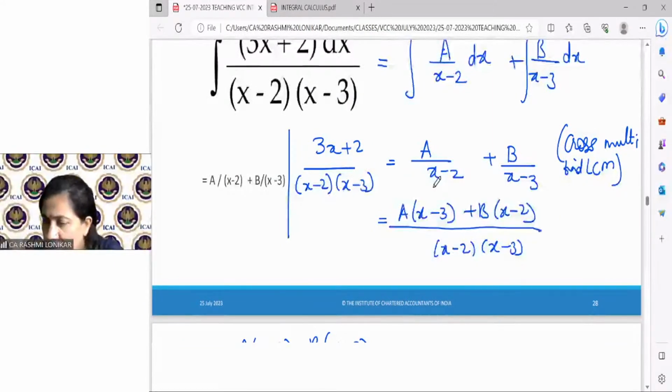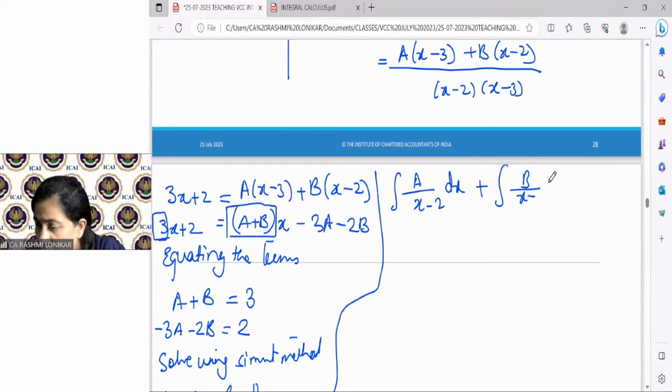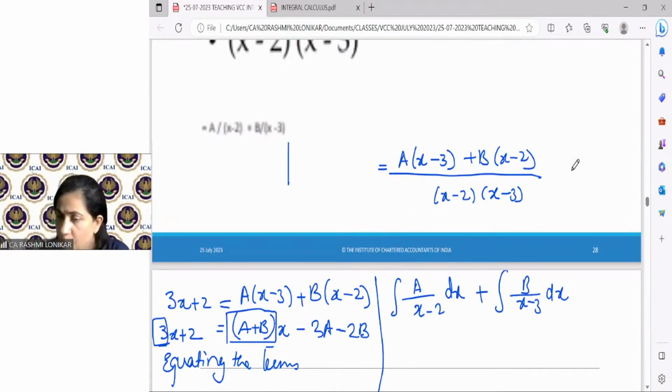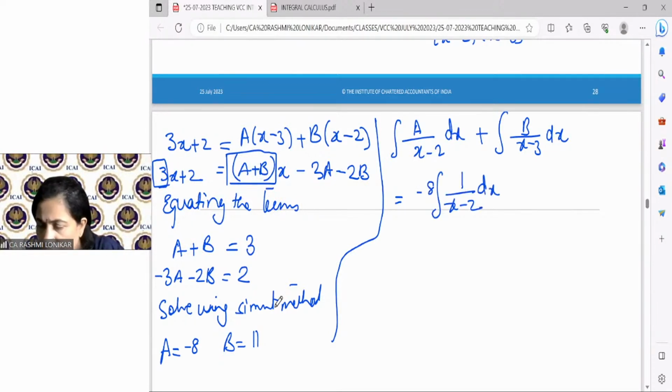So I will get integral of a upon x minus 2 dx plus integral of b upon x minus 3 dx is equal to minus 8 integral 1 upon x minus 2 dx, plus 11 integral 1 upon x minus 3 dx.